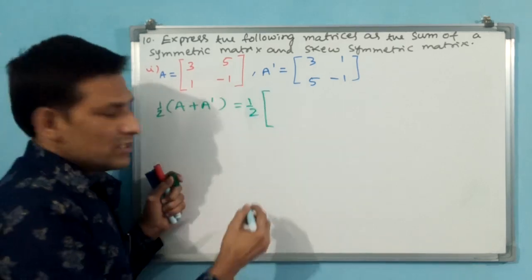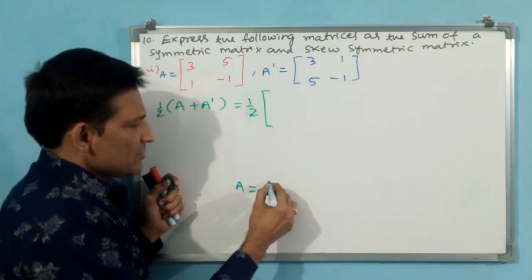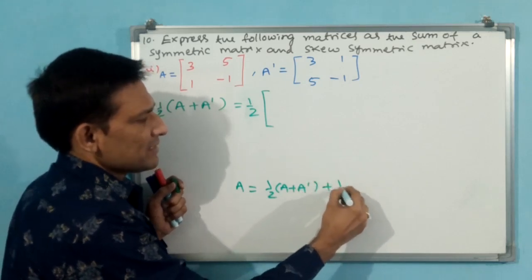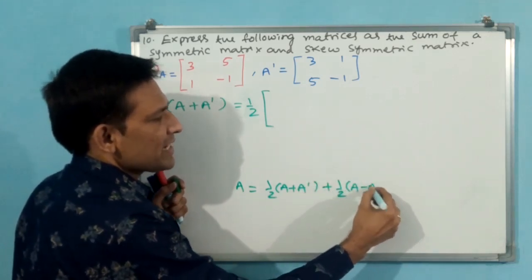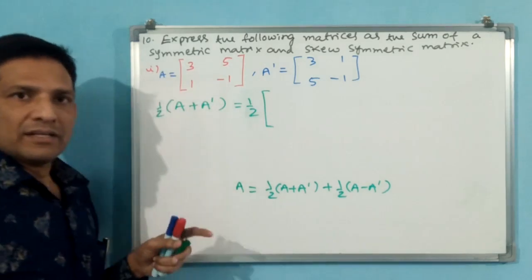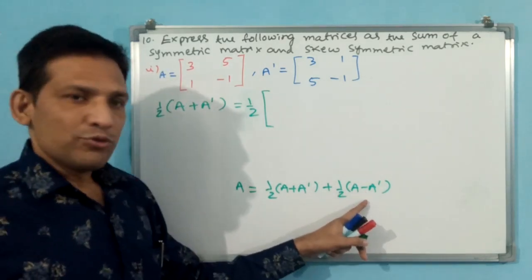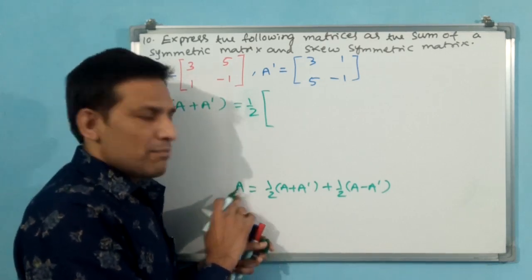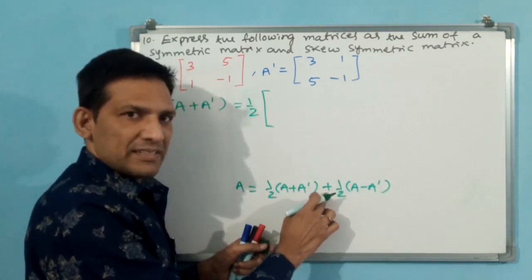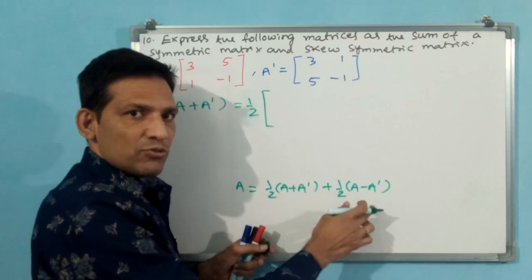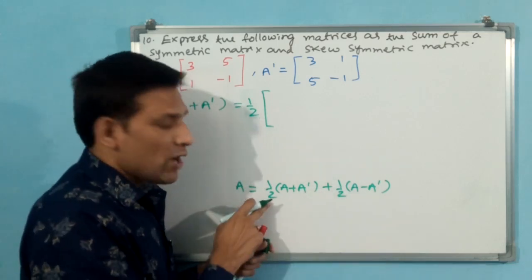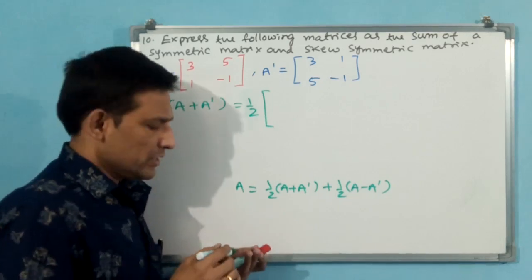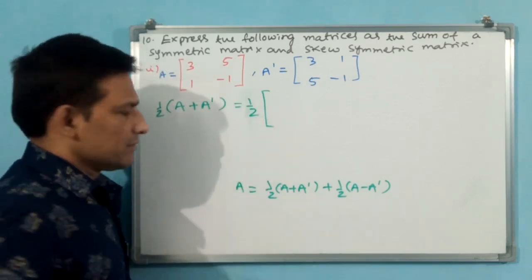Because this concept we have seen already. See, A is equal to 1 by 2 A plus A dash plus 1 by 2 A minus A dash. This is a symmetric, this is a skew symmetric. We can show any matrix as the sum of symmetric and skew symmetric matrices. But logically you have to multiply with 1 by 2 both. Then only original matrix is going to come. Okay. This is only we are doing here.